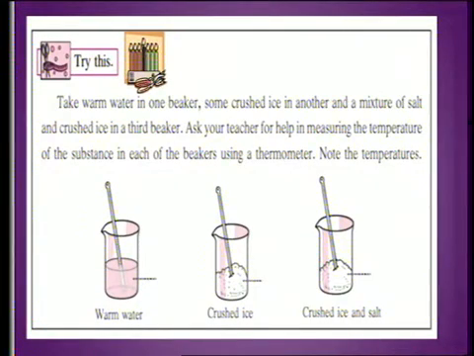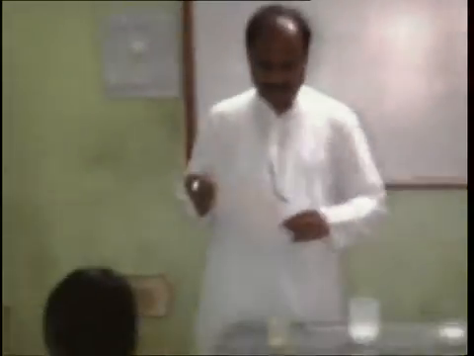But when we place the thermometer in a mixture of crushed ice and salt, the temperature goes below 0 degrees, and this will help the student understand the concept of negative integers. You can watch it in the video clip. Let us watch the video clip.